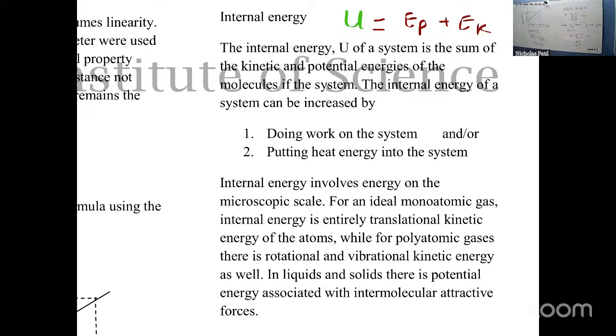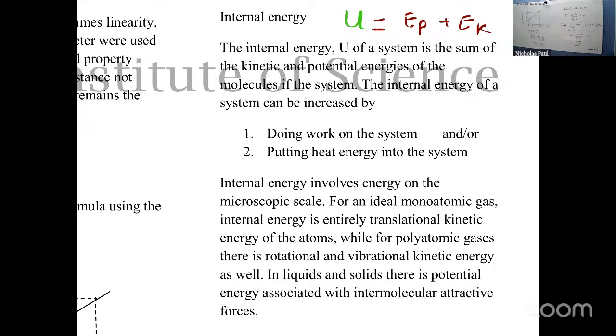If you want to raise the internal energy, you can increase the potential or increase the kinetic. How can you do that? You can increase the kinetic energy of a substance by heating it. By heating it, you give the particles more energy and they move faster.